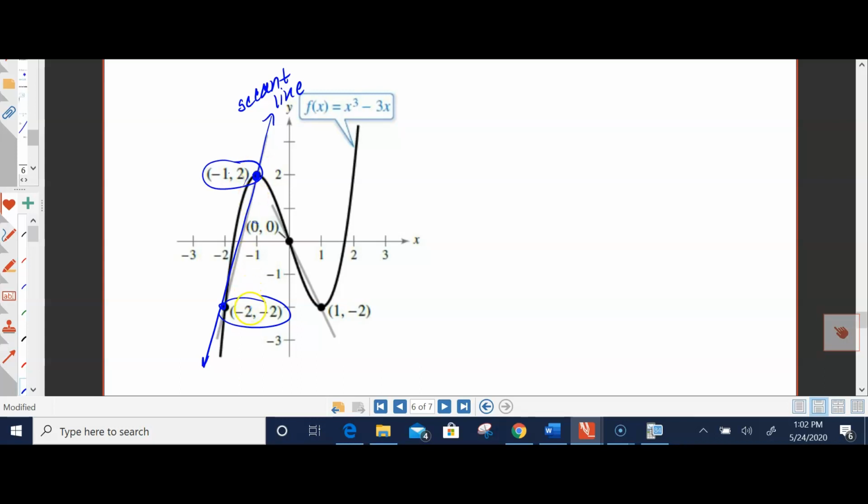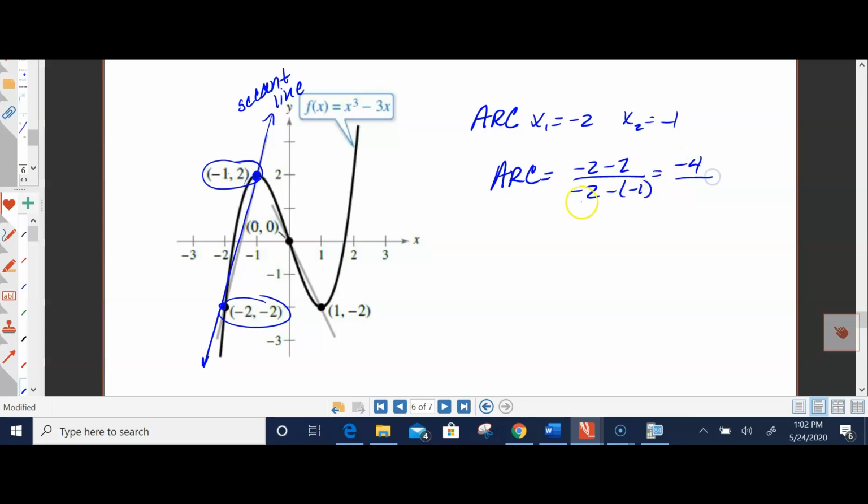We've got the ordered pairs, we know the formula, so I can find the average rate of change from x1 equal to negative 2 and x2 equal to negative 1 by calculating the slope. I got my 2 points. Let's calculate the slope. So y2 would be negative 2 minus y1, which is 2, over x2, which is negative 1, minus x1, which is negative 1.